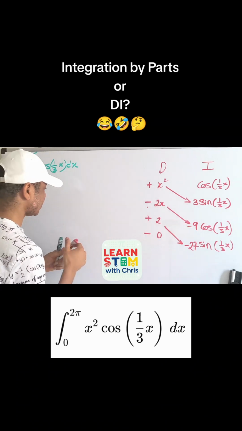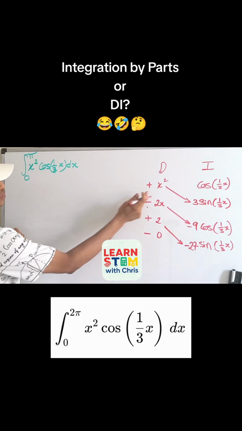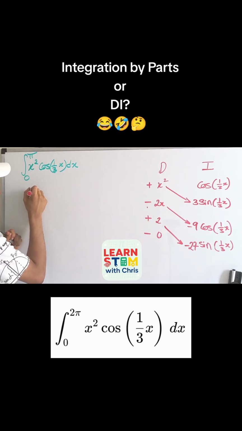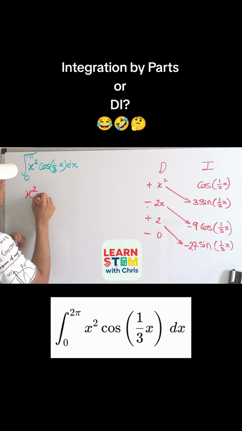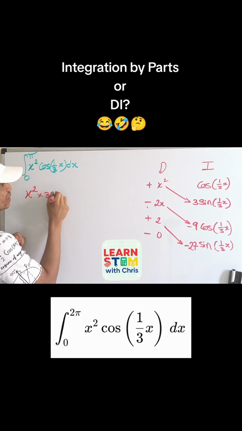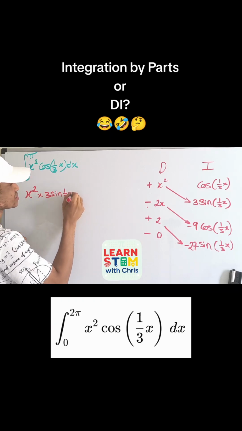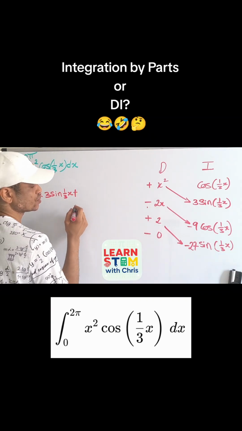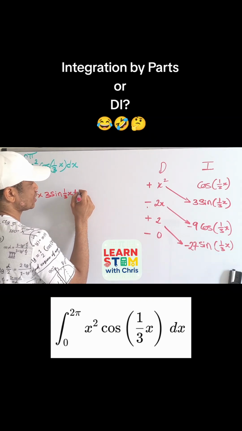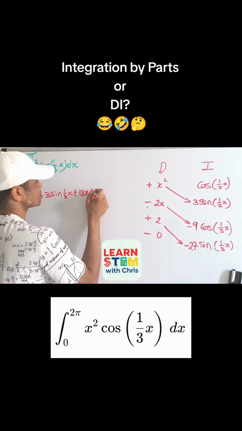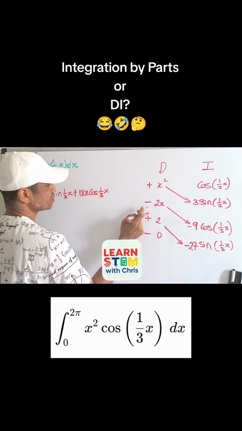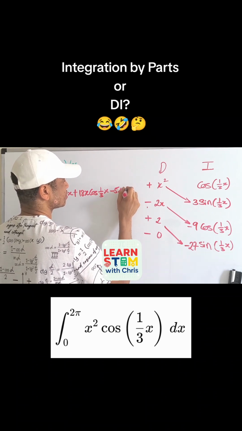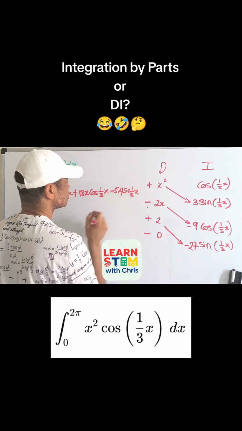So I'm just going to multiply them. That will give me x squared times 3 sine 1 by 3x, minus times minus is plus 18x cos 1 by 3x, minus 54 sine 1 by 3x.